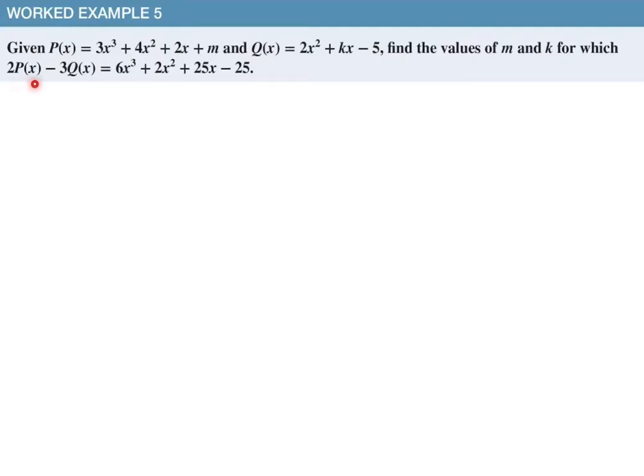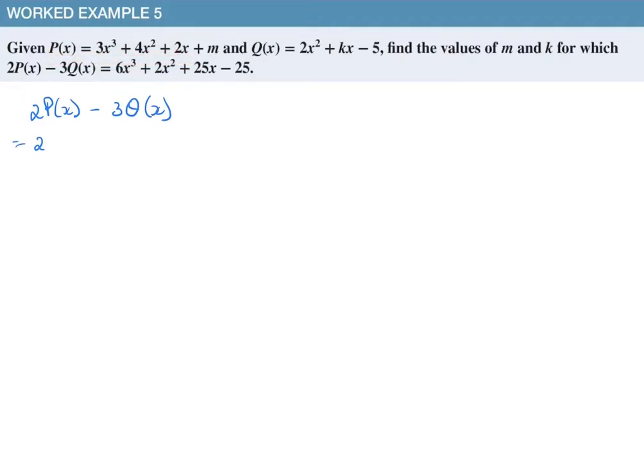So we're going to start off by doing 2p(x) minus 3q(x). So we're going to start off by just calculating that. So I'm going to say 2p(x) take away 3q(x). All that means is 2 times p(x). And what is p(x)? We can see that p(x) equals that.